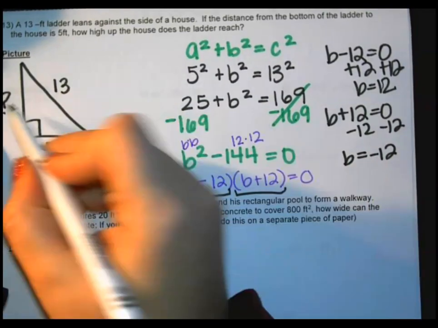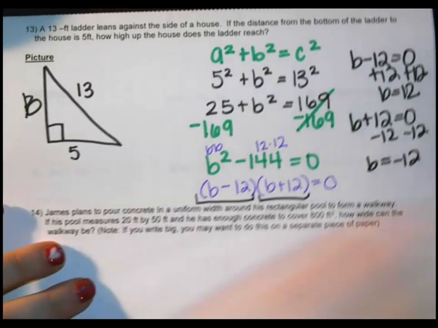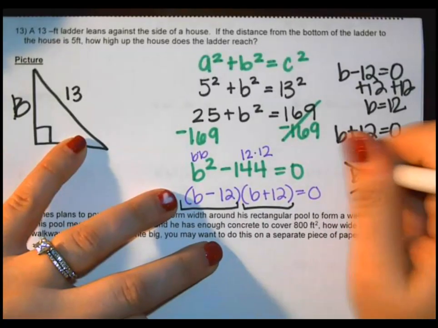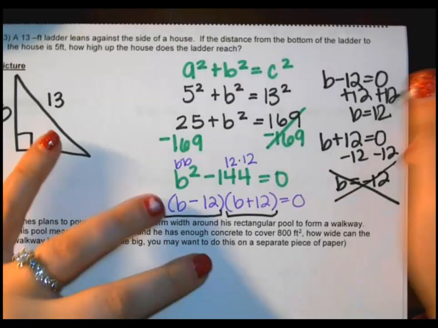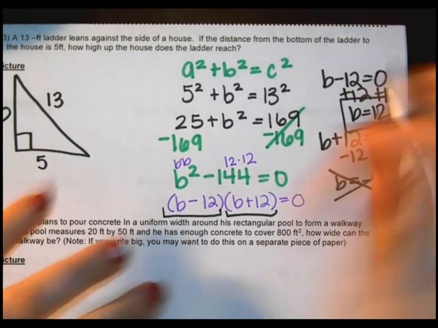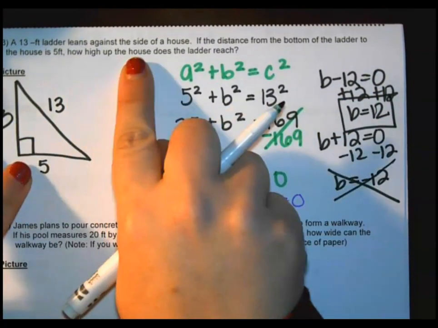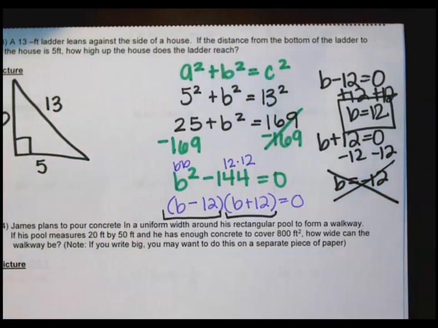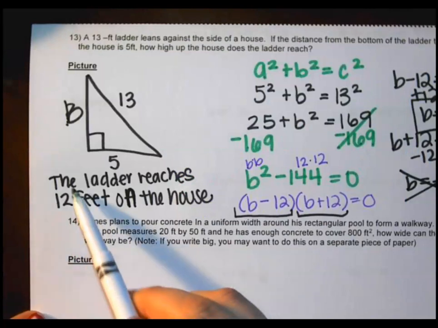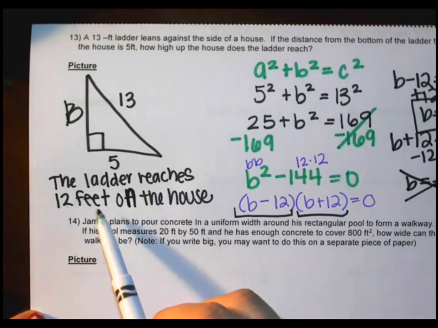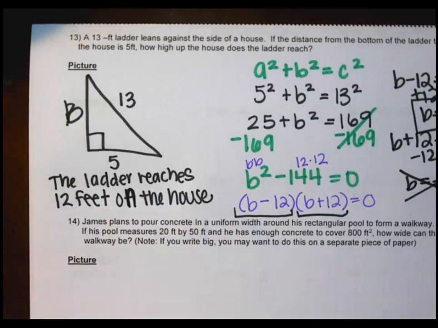Now, since b was our unknown side in this problem, we know that we can't have a negative side length, so that is extraneous. And so we get that our answer is 12. So the question asked, how high up the house does the ladder reach? So we would say the ladder reaches 12 feet on the house. So it reaches a height of 12 feet.